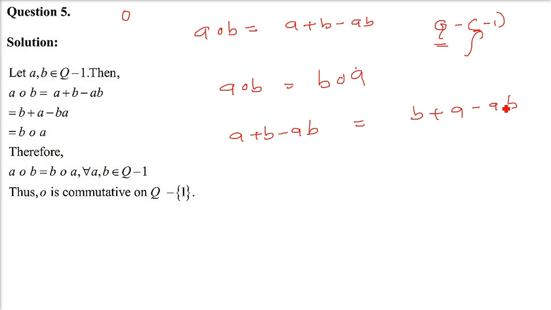Just change the A and B position, you see, they both are same. There will be a problem only when you have -1, right? But since it is not there, we are not taking that set having that number. That is why this is commutative. Otherwise, there may be a problem. It is commutative.